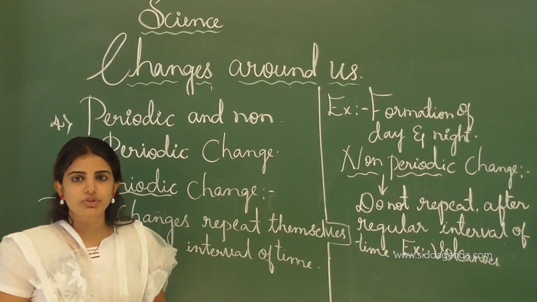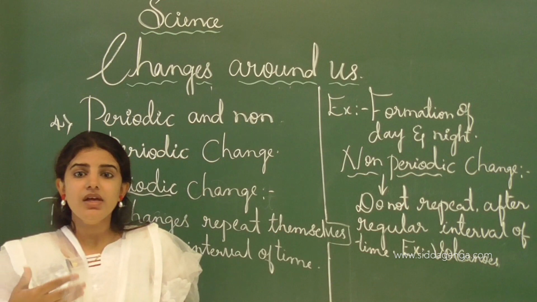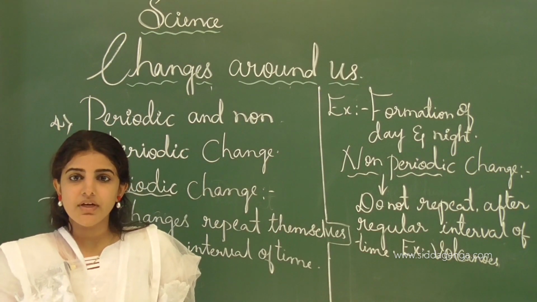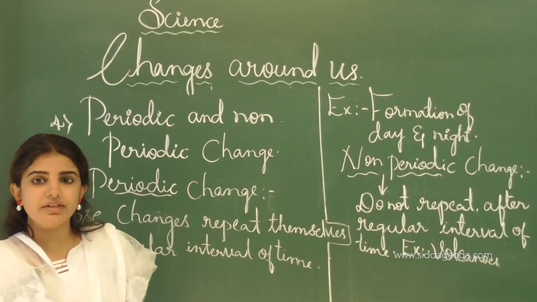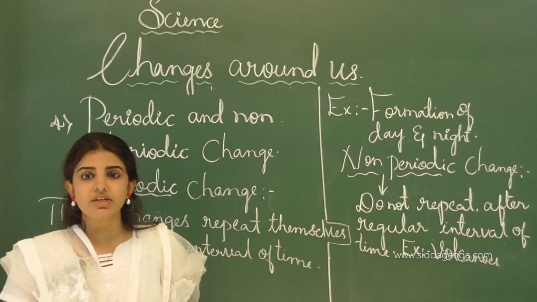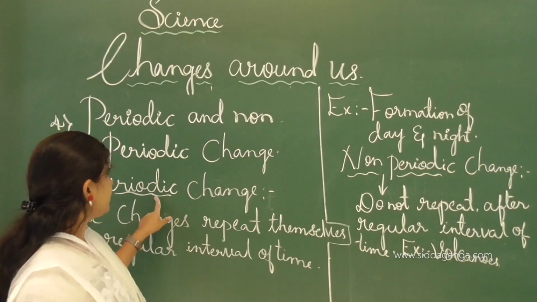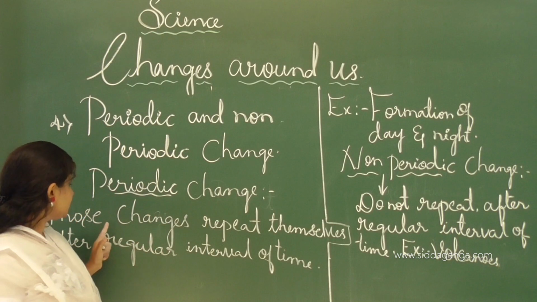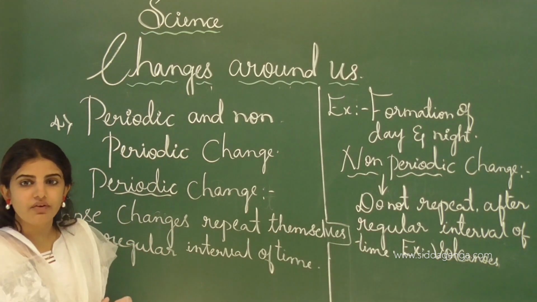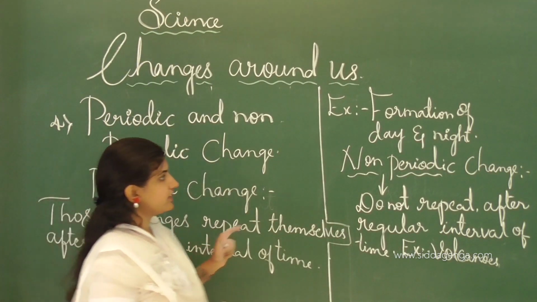See, this is all about the different types of changes. In the next class we will learn more about the different types of examples of changes. In today's class we learned about the different types of changes: natural change, man-made change, the slow and the fast change, and the periodic and the non-periodic change. Periodic changes are those changes which repeat themselves after each interval of time.